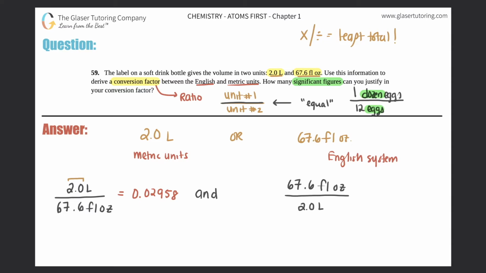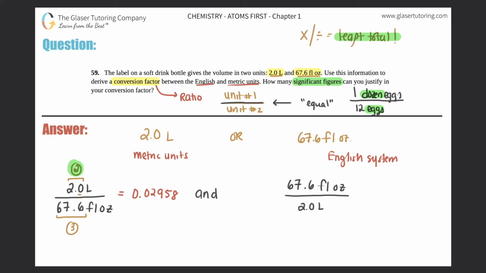If you don't know your sig fig rules and how to count sig figs, go back in the last maybe 10 questions or so, somewhere in the 40s. There's tons of questions on sig figs. So I'm just going to assume that we know how to use our sig figs here. In this case, there's 2 sig figs here, because this 0 counts, and there's 3 here. So I have to take the least total, so 2 sig figs need to be in my answer.